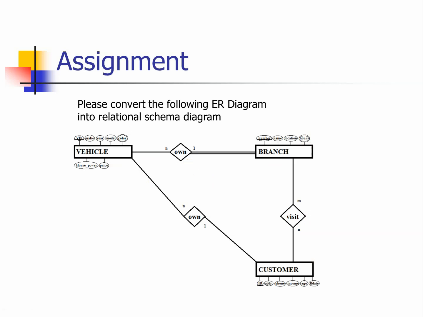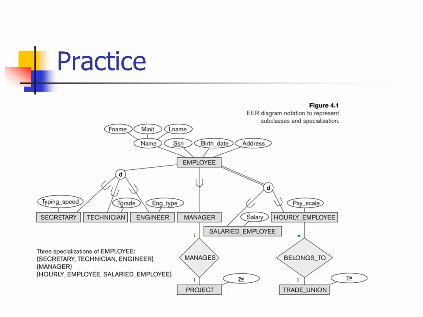The last slide I want to show you is a practice I want you guys to work on. You don't need to submit this one, but this is a practice about how you convert an EER diagram. So in this case, you can see that we have employee, we have a subclass category over here, another subclass.